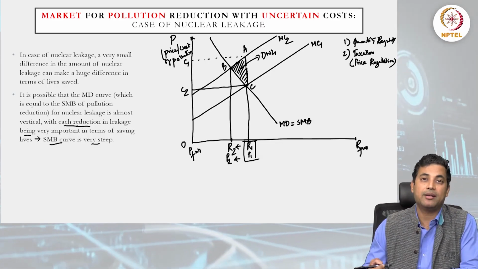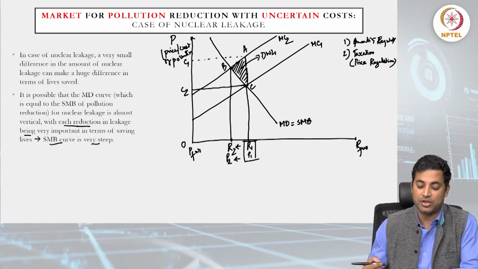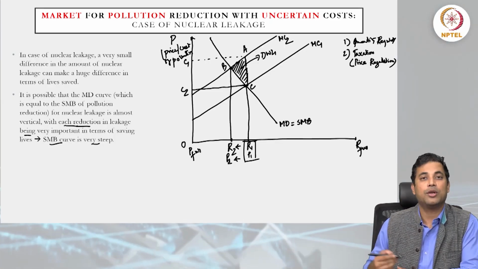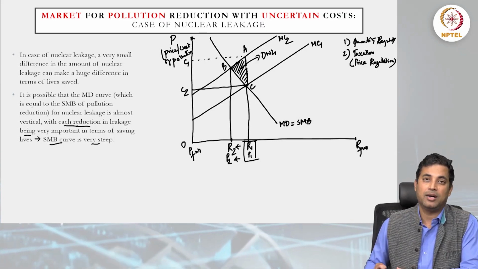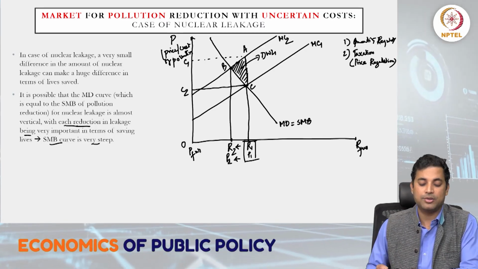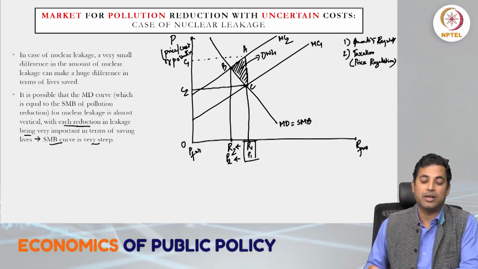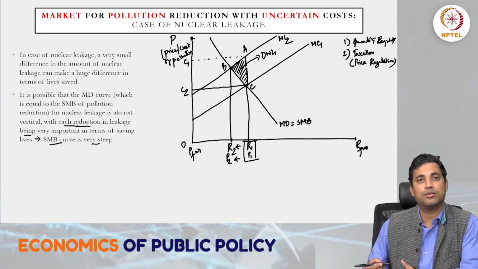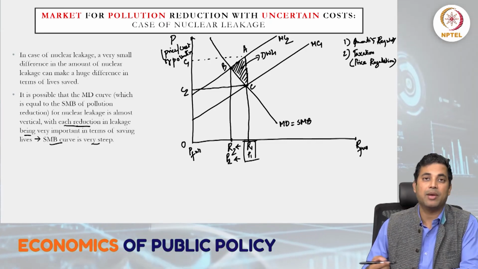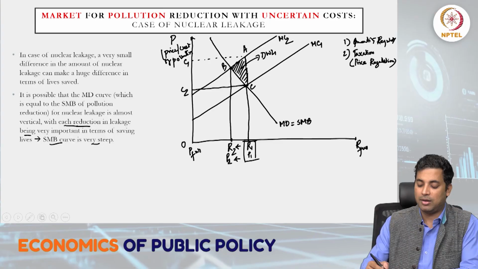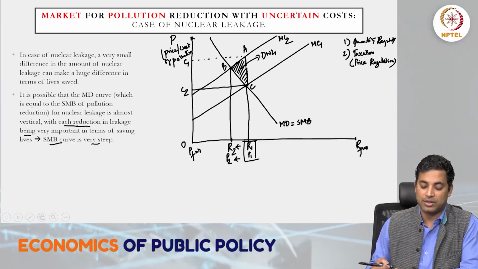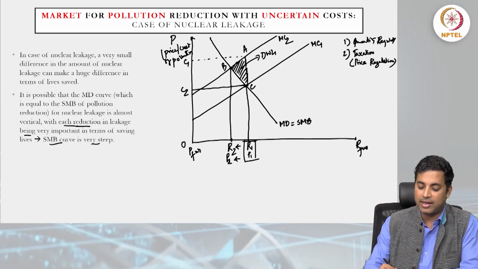So with the mandated pollution reduction, the cost is much higher, like OC1. We have also seen a similar kind of fact in the case of global warming, and also in the case of nuclear leakages, the cost will be really high, higher than the equilibrium at point C, where the total price or cost is OC2 amount.